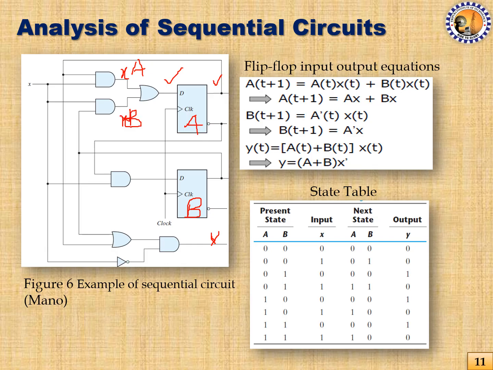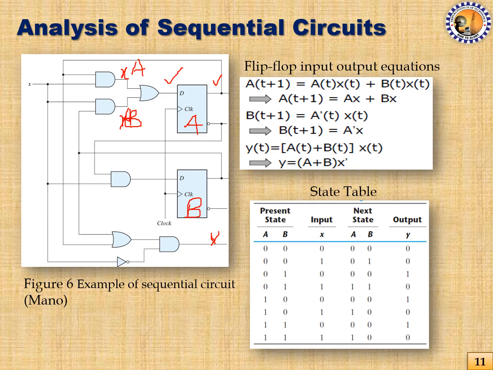Accordingly, the output of the OR gate will be the input of this flip-flop, and the same thing will be available at the output. That's why A(t+1), or the next state of A, equals AX or XA plus XB or BX. Plus represents here the OR operation.